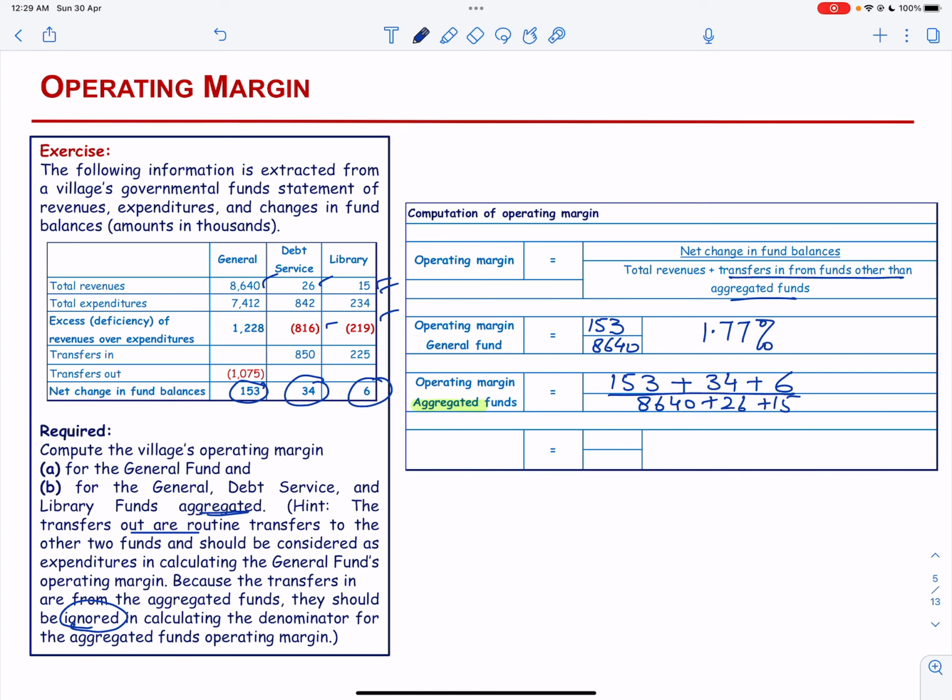So this will be equal to 193 divided by 8681, that is 2.22%.